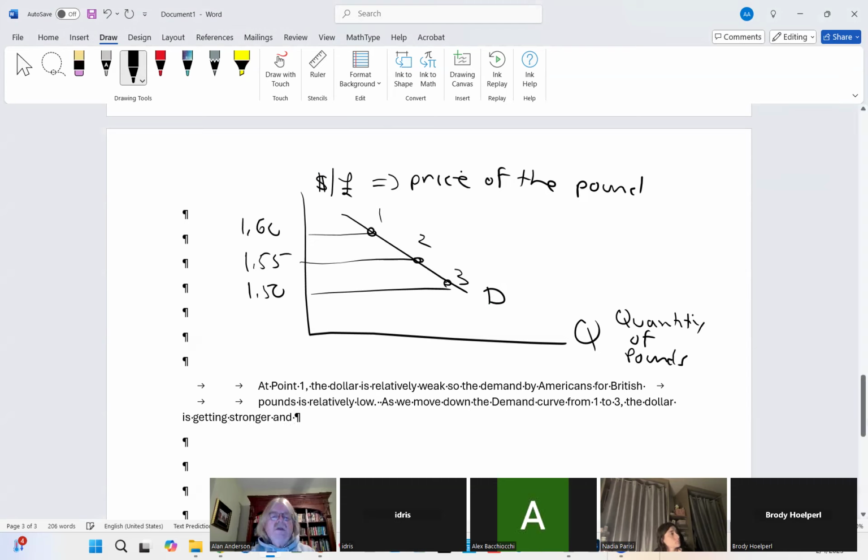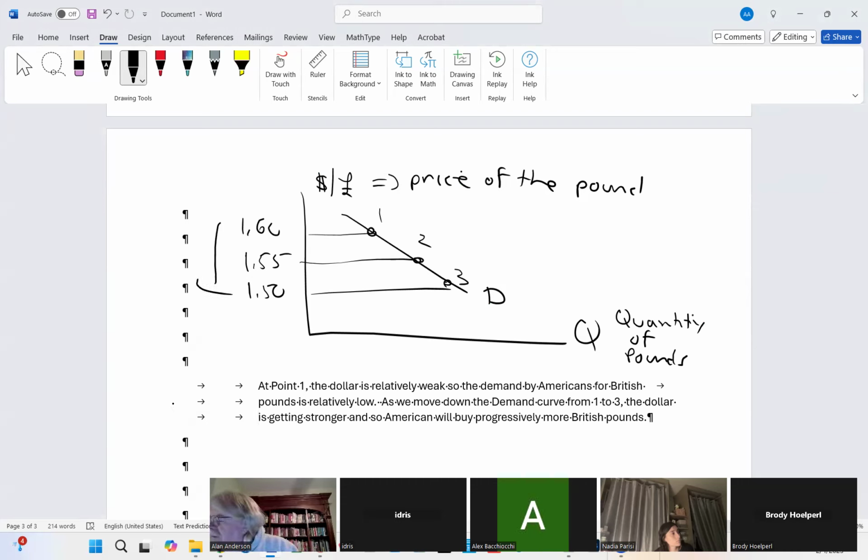And so Americans will buy progressively more British pounds. In other words, as the dollar gets stronger, we can buy them at a cheaper price. And of course, that means we'll want to do exactly that. It's almost like when you're going down in this direction, the pound is going on sale. We want to buy more of them because they're cheaper for that very simple reason.